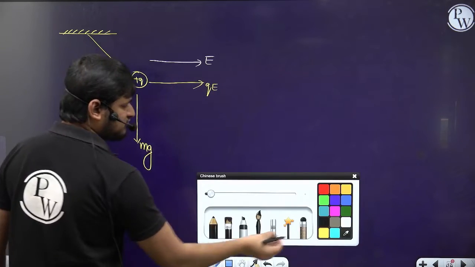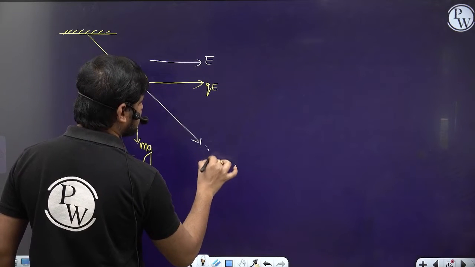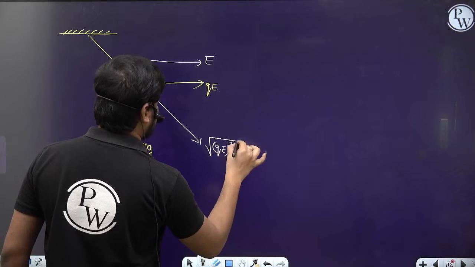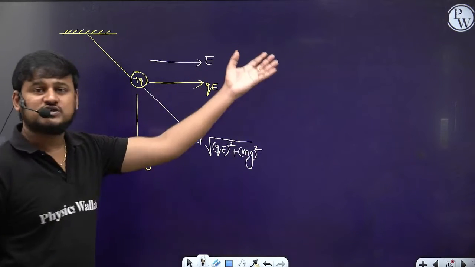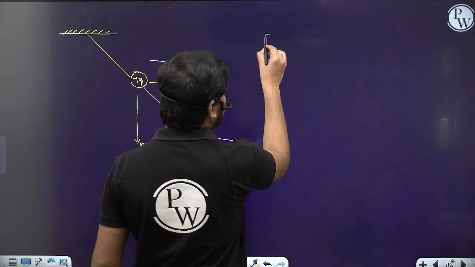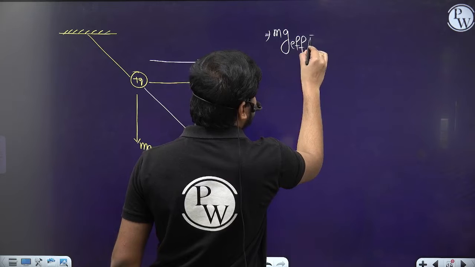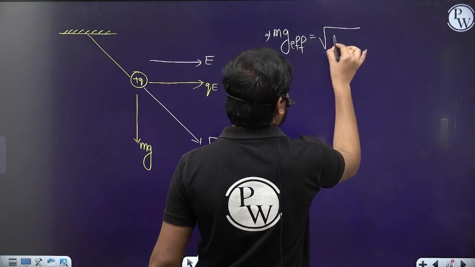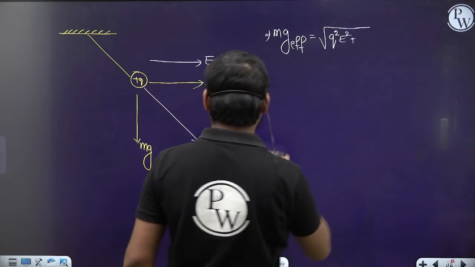Then the net force will be the vector sum, which is the square root of QE square plus mg square. So the net force, m into g effective, is equal to the square root of q square e square plus m square g square.